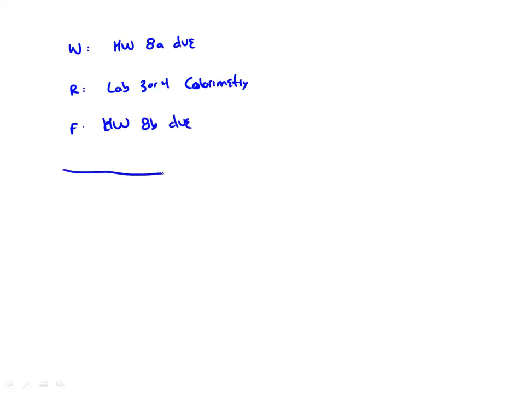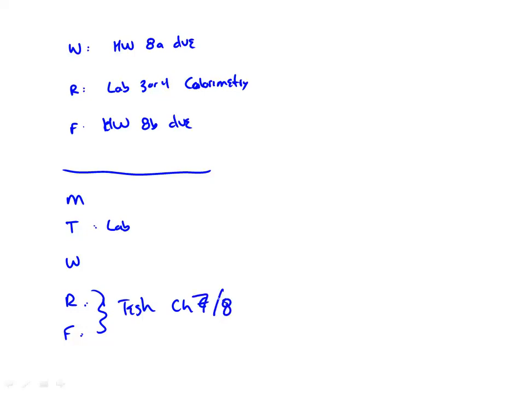And then for next week we're looking at Monday, Tuesday will be lab, Wednesday, and I'm really going to try to put a test on Thursday or Friday over chapter 7 and 8. And I think we can do it. It'll be squeezing it just a tiny bit. So you guys got to stay on top of things.